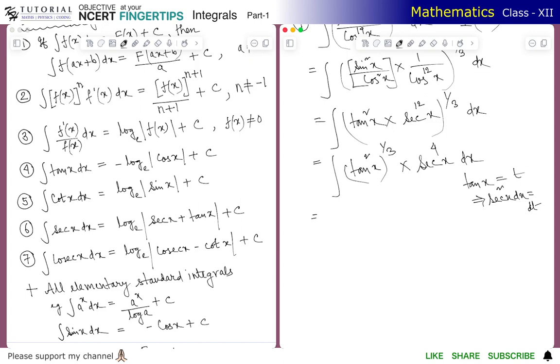Should I substitute tan x equals t at this stage? Let's see what happens. If something goes wrong, I will fall back to another approach. Tan x equals t, so we have sec square x dx equals dt.